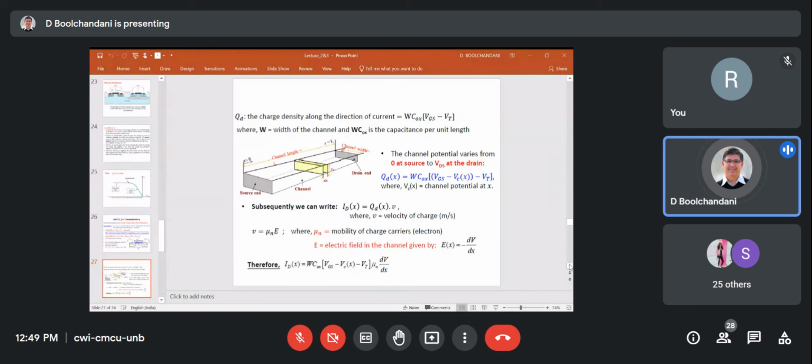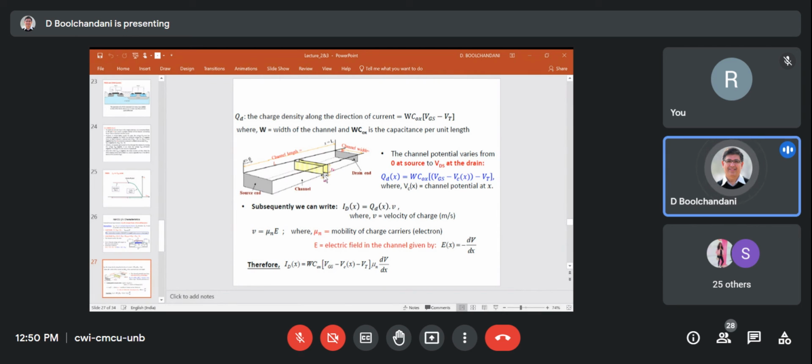The charge density along the direction of the current is given by W COX (VGS minus VT). W is the width of the channel, and COX is the gate oxide capacitance per unit area, so W COX is the capacitance per unit length.